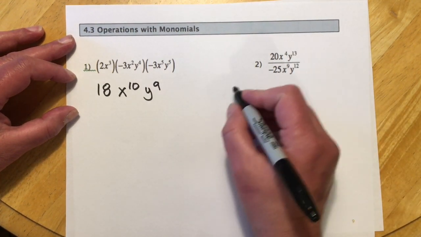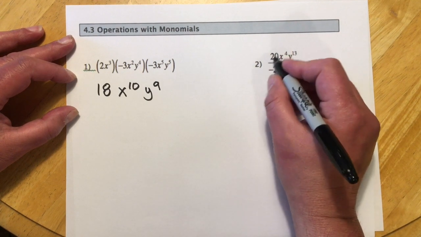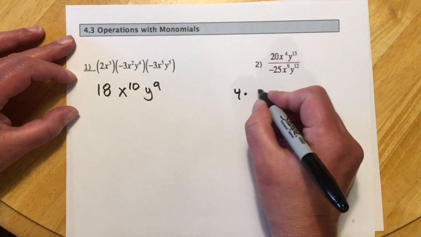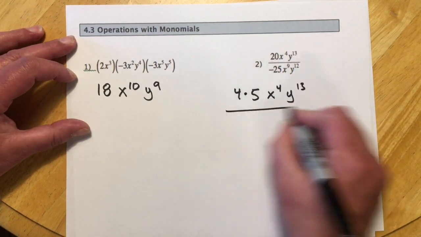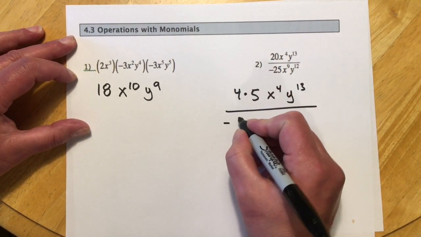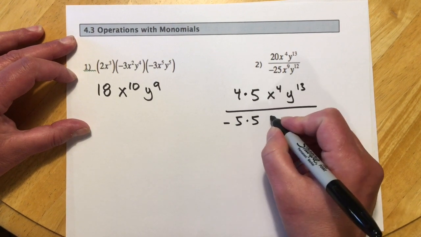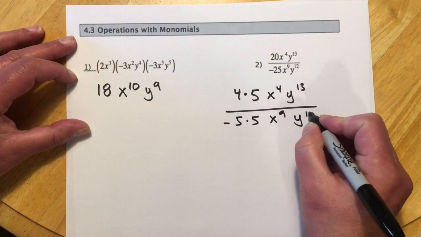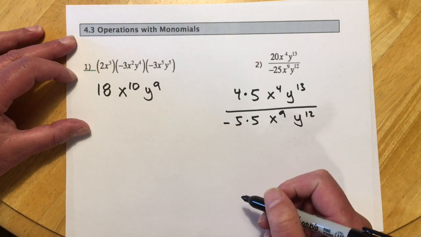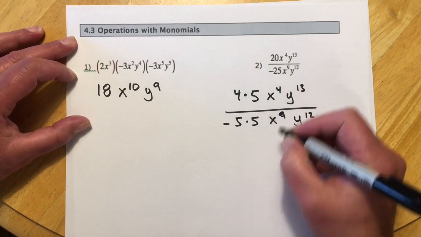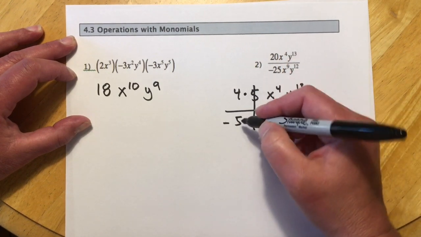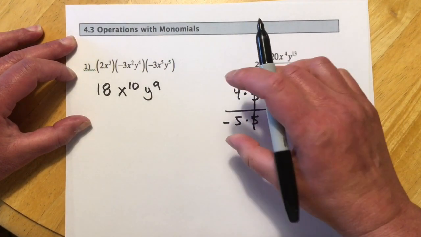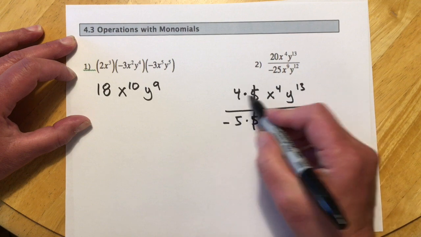For this one, I think I'm going to rewrite this. So this 20, I'm going to write as 4 times 5, and then x to the 4th, y to the 13th. And this negative 25, I'm going to write as negative 5 times 5. And it's supposed to be a 9. Yeah. So the 5s cancel, and you're welcome to do that in your head, but sometimes you'll have some trouble simplifying fractions.